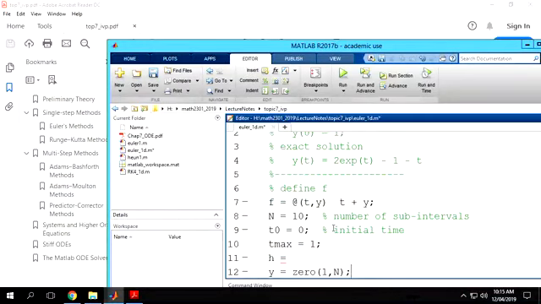Then the step size will be t max minus t0 divided by n. Remember we subdivide the interval into equal spaces, so that's why the width is just t max minus t0 divided by the number of subintervals.